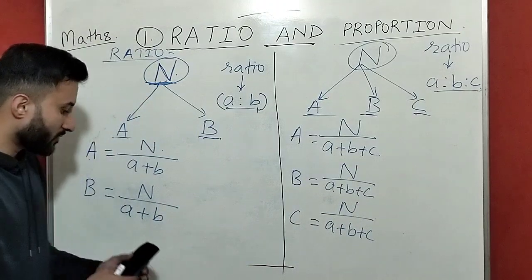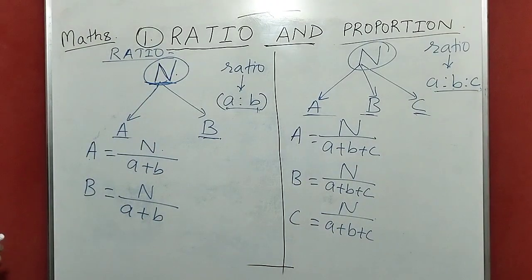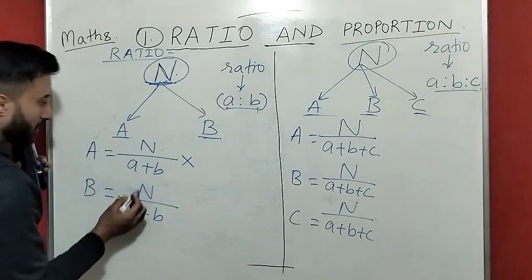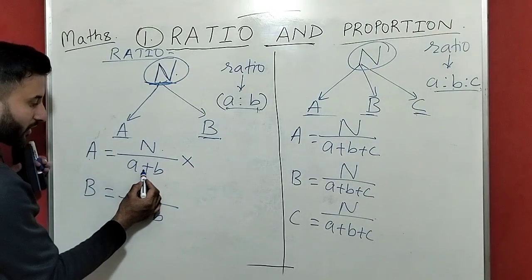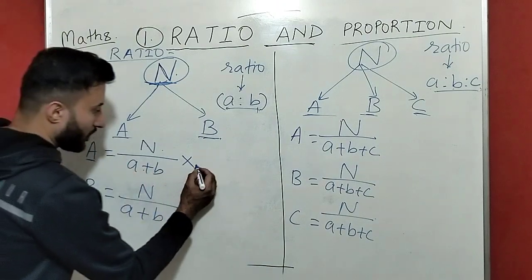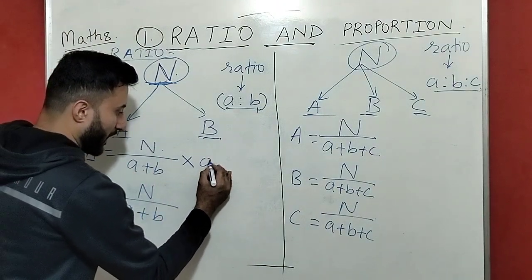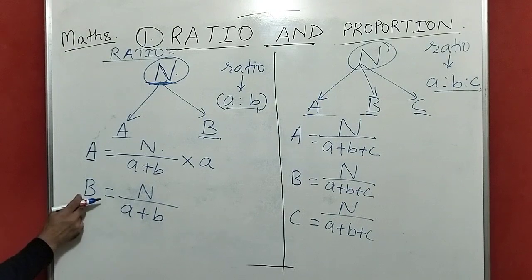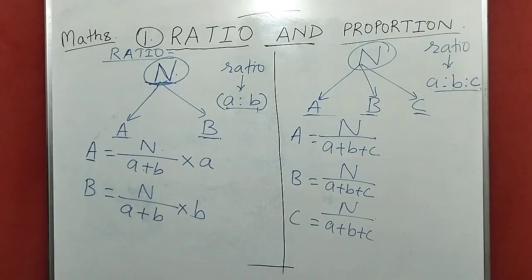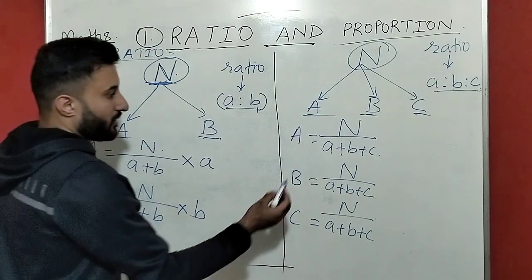Now the one thing we have to do here is, given number divided by sum of the ratios, into, this is part A, so we will multiply with the ratio A. This is the second part. The same thing.